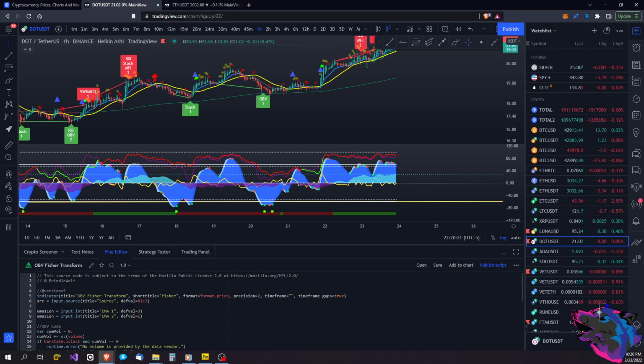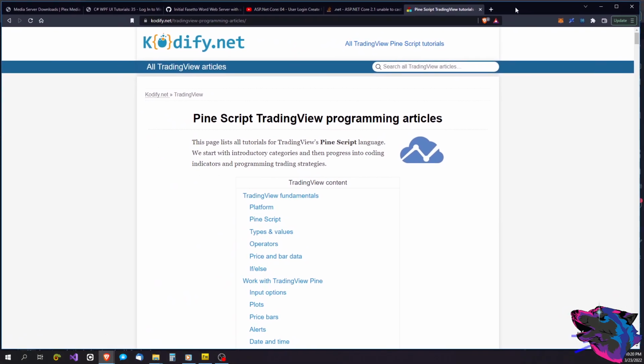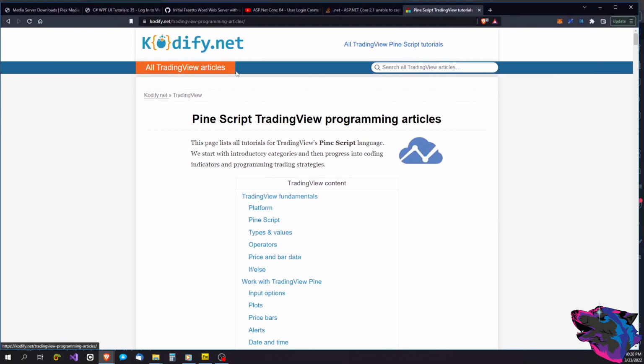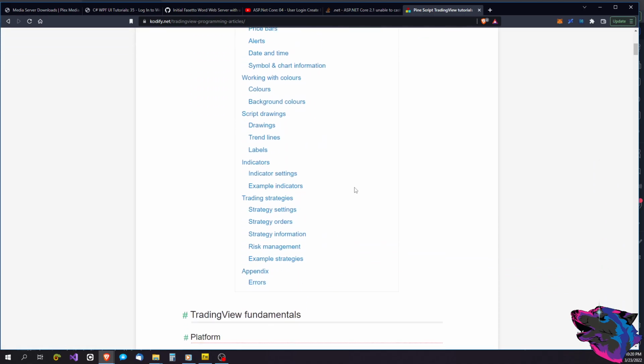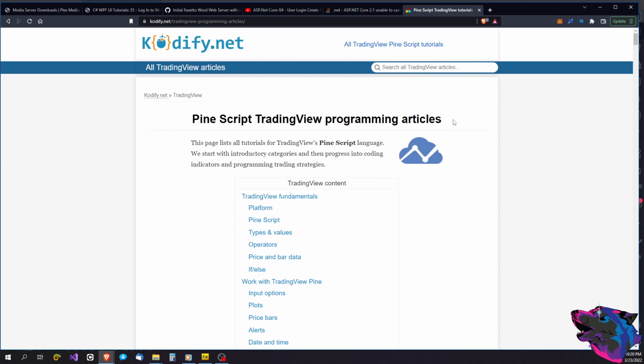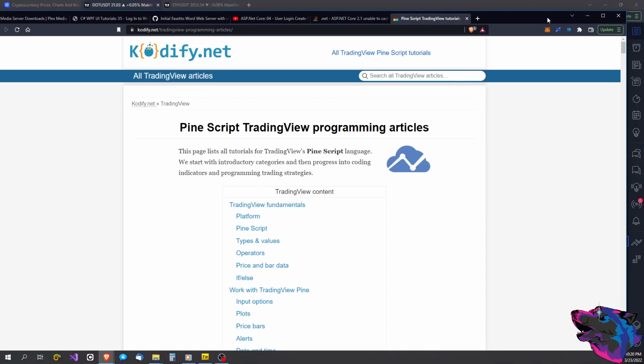But if you too are interested in Pine script, if you go to codify.net, all TradingView Pine script tutorials, best place I've found to start. Certainly a lot there. It's like taking a whole other programming course or reading a whole other programming book.